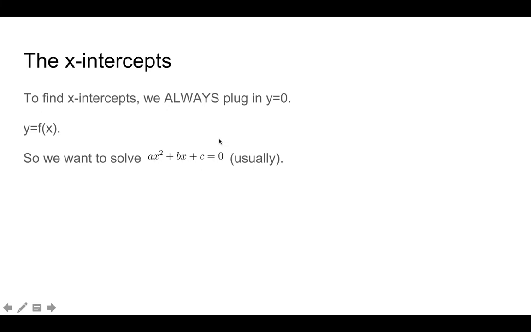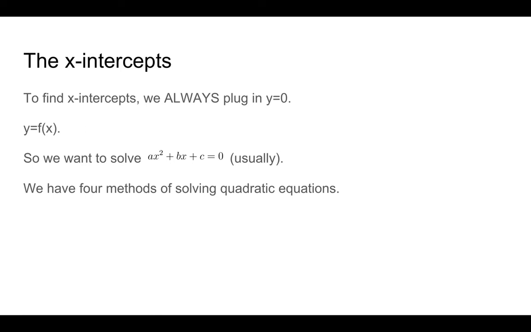The function equals 0. And I say usually here because we won't always be in standard form. We call this standard form of the equation, ax squared plus bx plus c equals 0. Sometimes we'll have our function in vertex form, and then we got to do a little more work. But if we're in standard form, we know how to solve those quadratics.